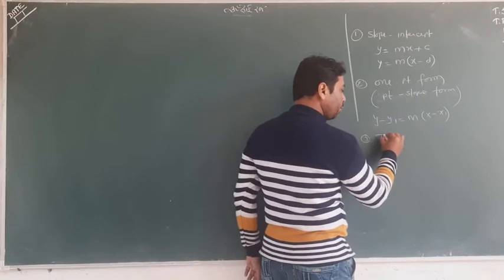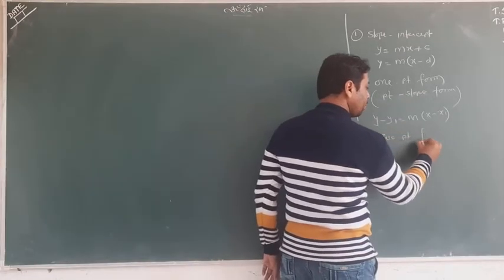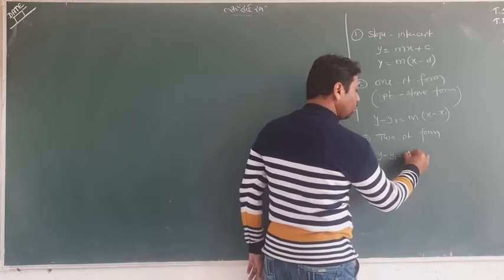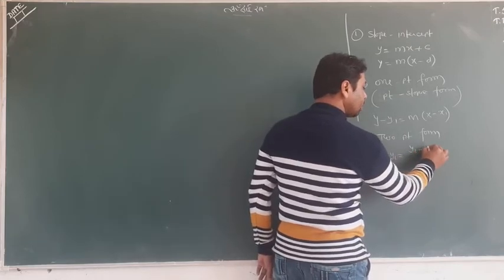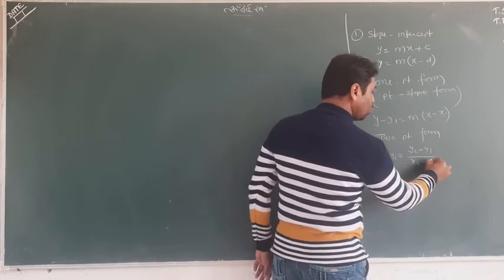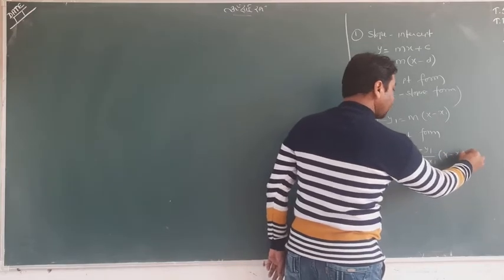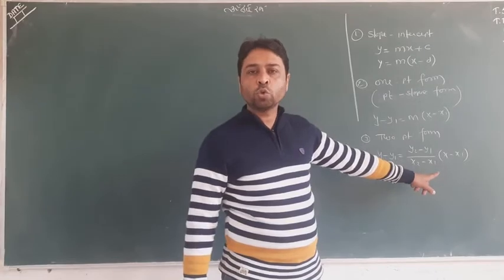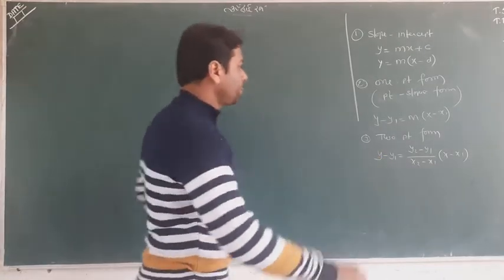Third, two-point form. A two-point form is y minus y1 equal to (y2 minus y1) upon (x2 minus x1) in bracket (x minus x1), where (x1, y1) and (x2, y2) are 2 points by which the line passes.